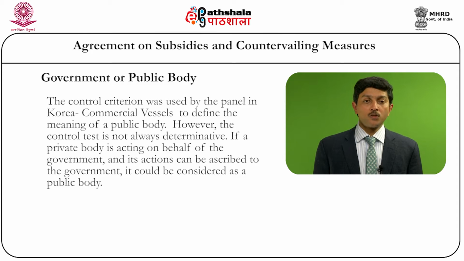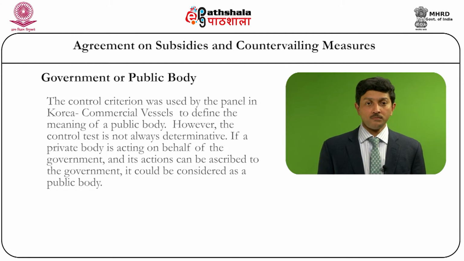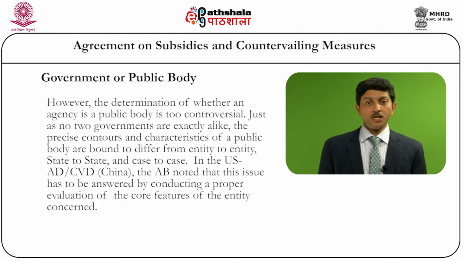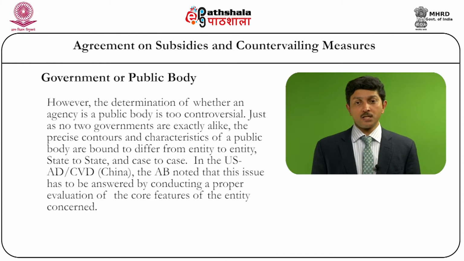However, the control test is not always determinative. If a private body is acting on behalf of the government and its action can be ascribed to the government, it could be considered a public body. However, the determination of whether an agency is a public body is highly controversial.